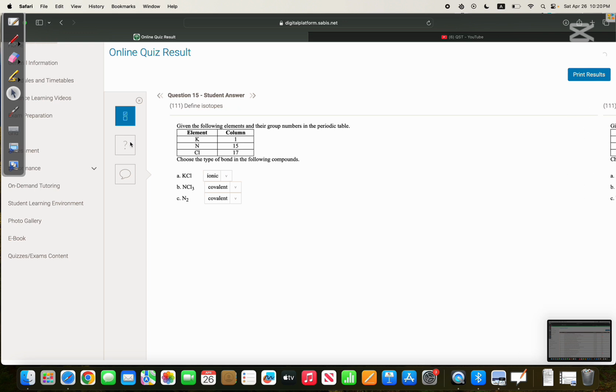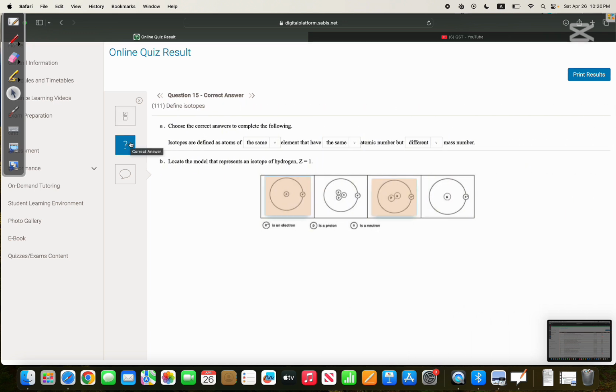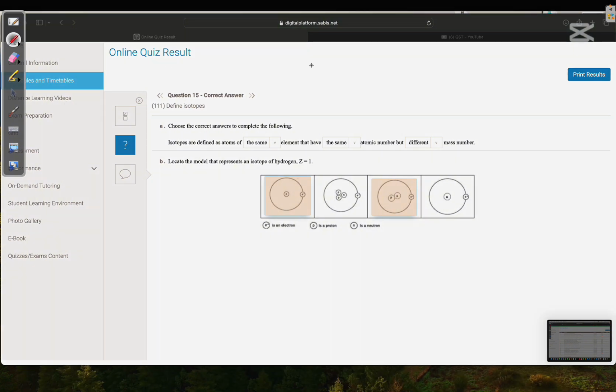Number 15. Isotopes are defined as atoms of the same element that have the same atomic number but different mass number. So let's say we have hydrogen 1, 2, then hydrogen 1, 1.